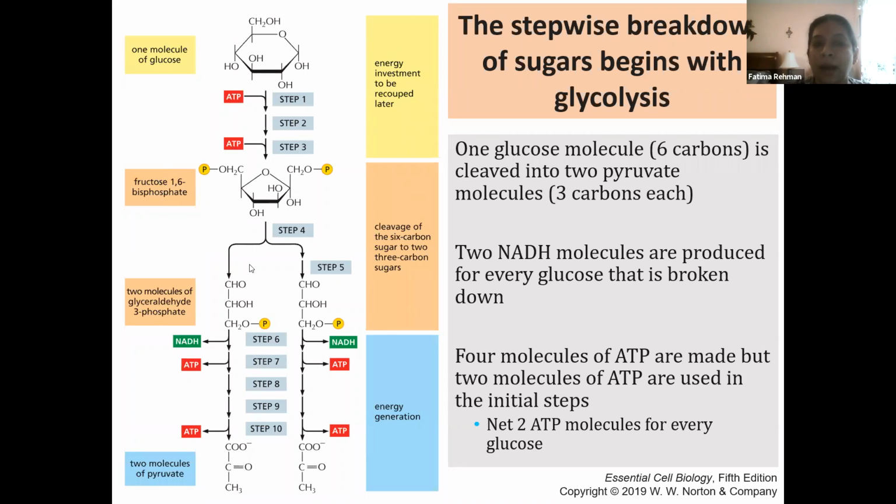And you should know that the energy is then released because each one of these initial 3 carbon chains has that phosphate group on it that gives it that high energy bond that can be broken down easily. And so then you should know that the next 5 steps are where the energy is generated in the form of 2 ATPs and an NADH per chain, giving you your final net output of 2 ATP and 2 NADH for every single glucose you put in.